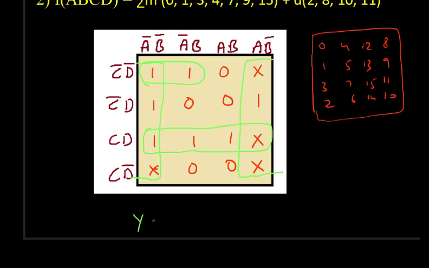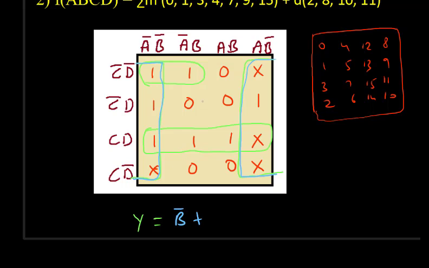So the equation Y equals, first we write the equation of this octet. In this octet, B bar is not changing. I am drawing it in blue. So this is the octet, and in this case B bar.